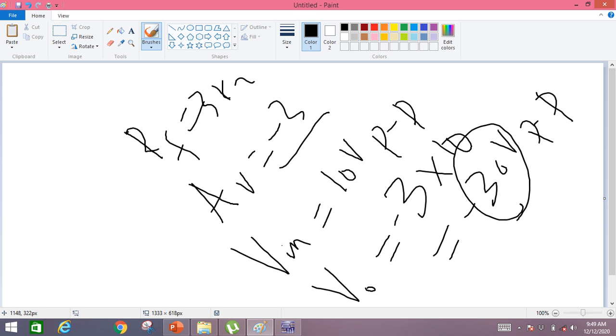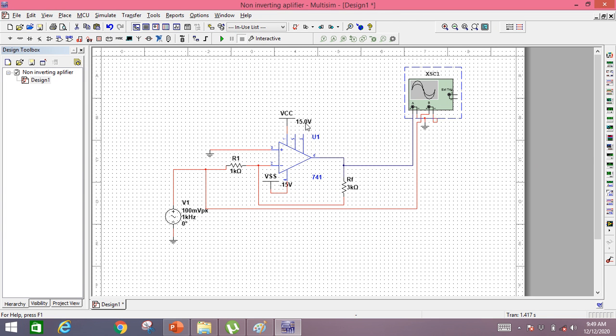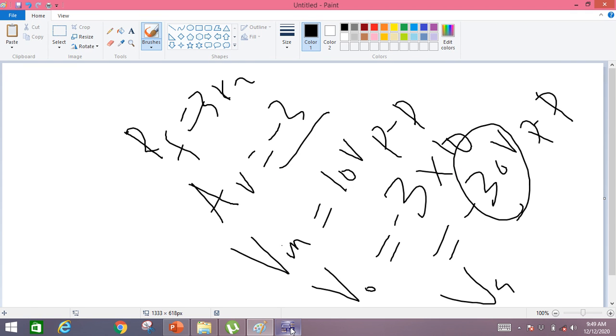Now this voltage is actually greater than the supply voltage, that is 15 and minus 15 volts. So if this voltage is greater than the supply voltage, our output voltage will be clipped at 15 volts.